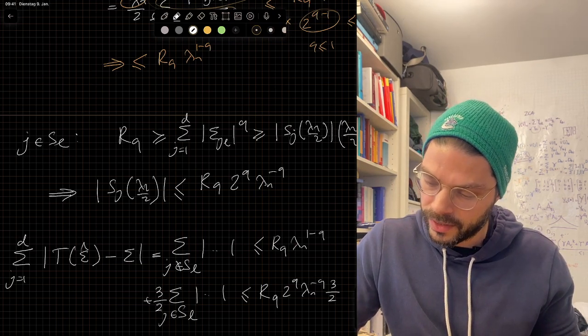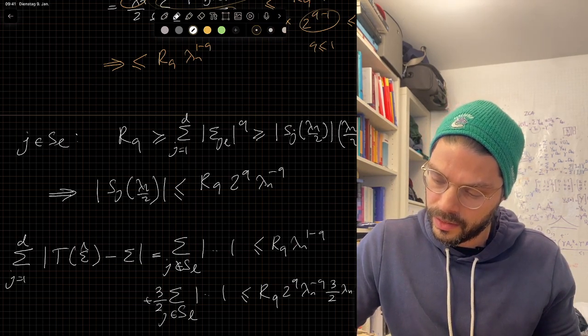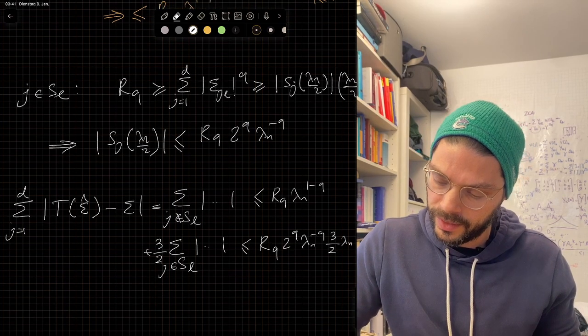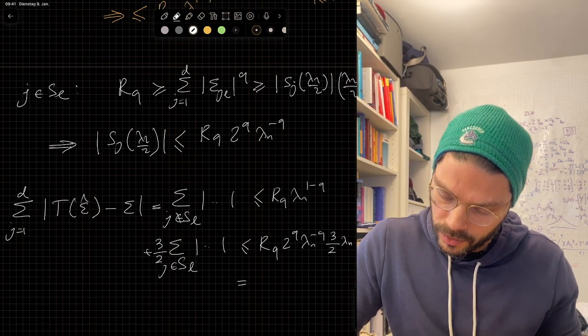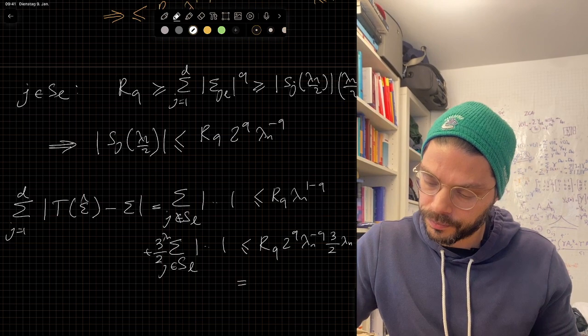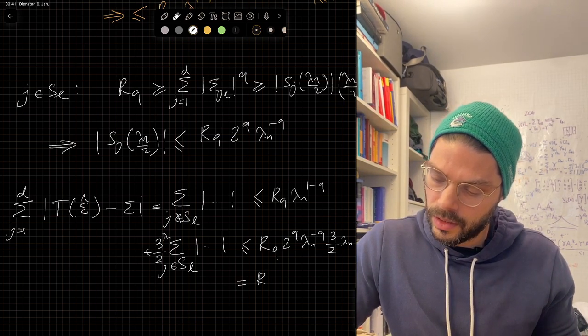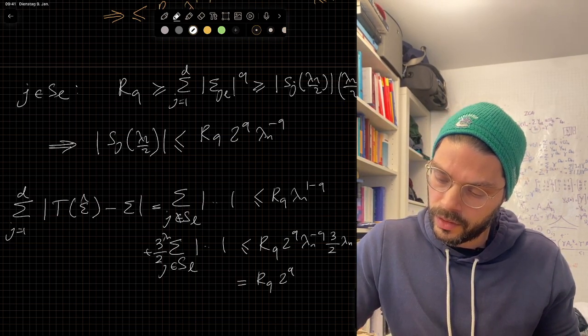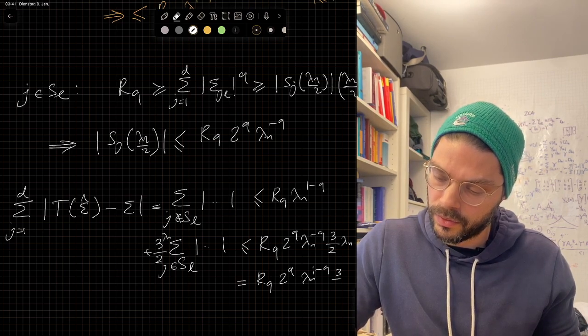Oh yeah, this was actually a factor of 3 over 2 lambda n. So that's the important thing. So there was a 3 over 2 lambda n over here. So this becomes R of Q 2 to the Q lambda n to the 1 minus Q times 3 over 2.